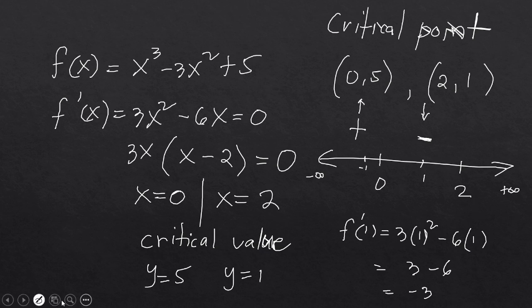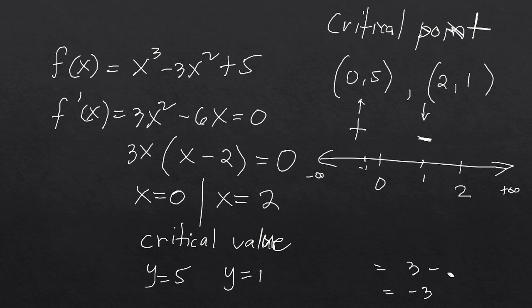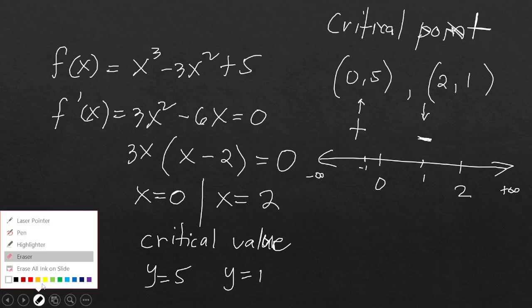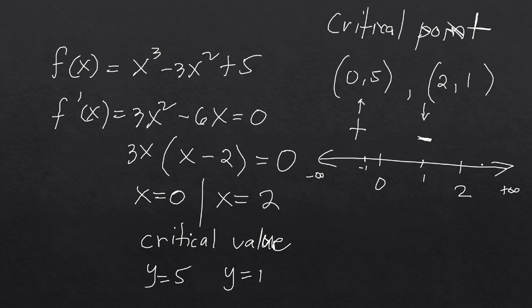So let's have the last interval. As you look at the last interval, we can get any number that is part of the interval from positive 2 to positive infinity. Shall we get positive 3? So you will now have f prime of positive 3, and it will be 3 times positive 3 squared minus 6 times positive 3.